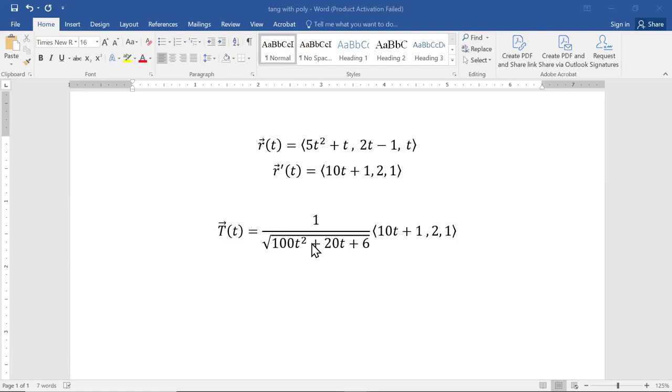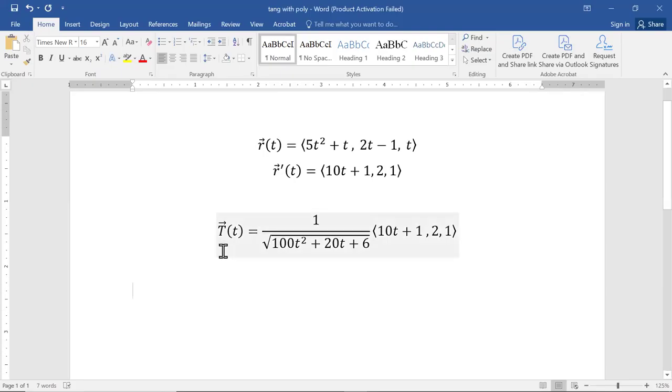From our work earlier, we had the unit tangent vector as this one. The derivative, 10t plus 1, comma 2, comma 1, was not constant length. So in order to make it constant length, we had to multiply by 1 over the square root of 100t squared plus 20t plus 6.